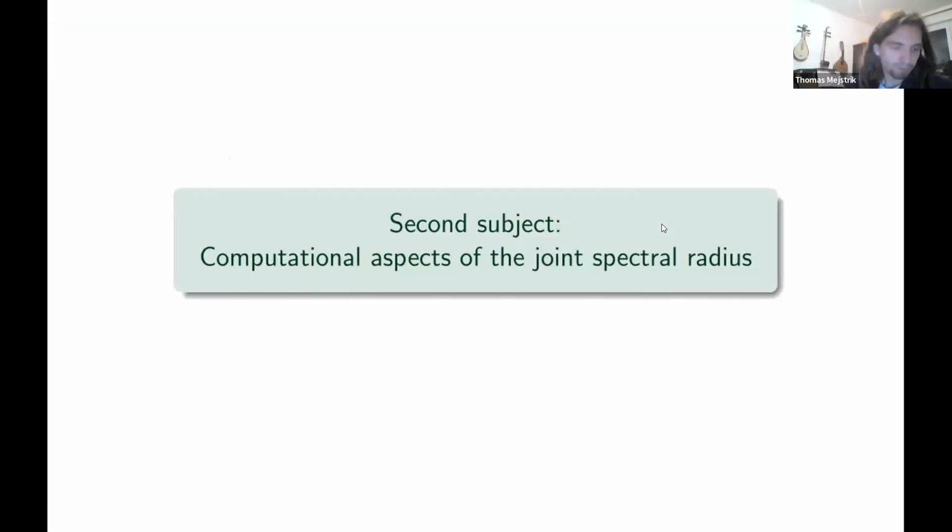So now we know how to check that the subdivision scheme is convergent. We just have to compute this joint spectral radius, and this now leads to the second part of the talk. How can we compute the joint spectral radius?